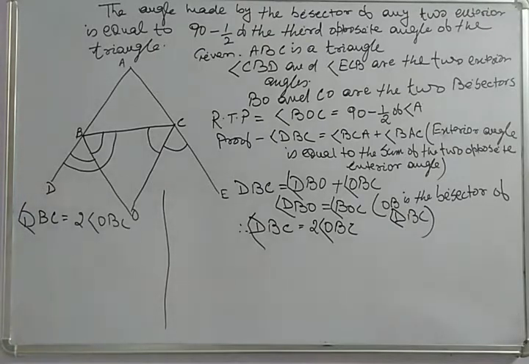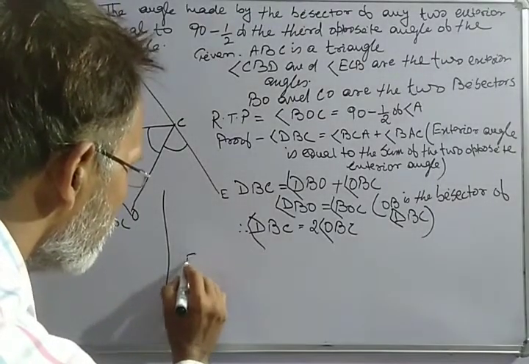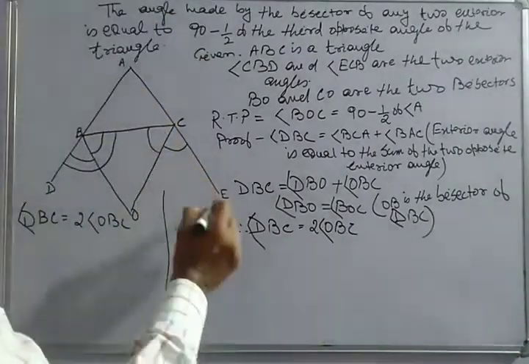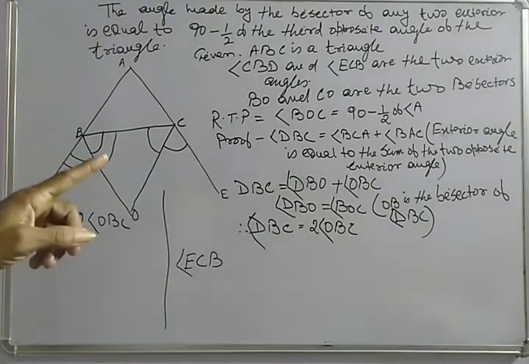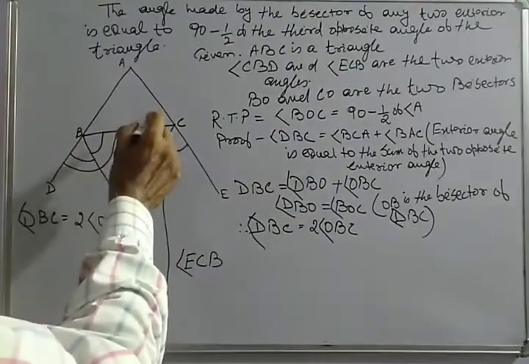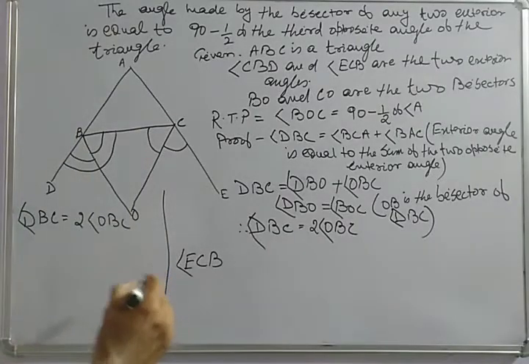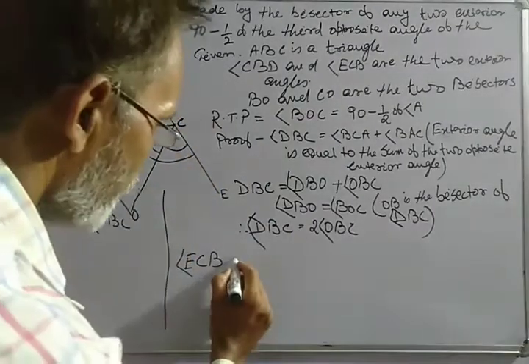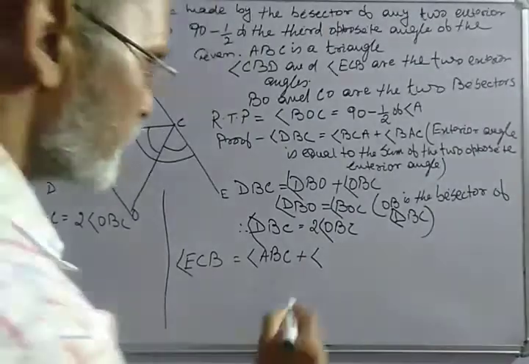Similarly, I can write here angle ECB. ECB is equal to angle ABC plus angle BAC.